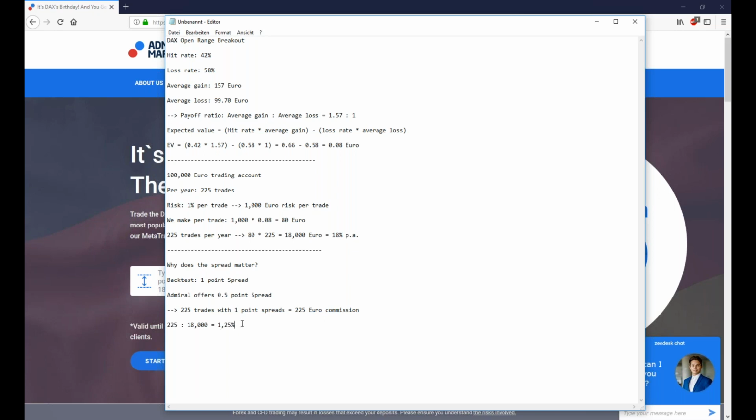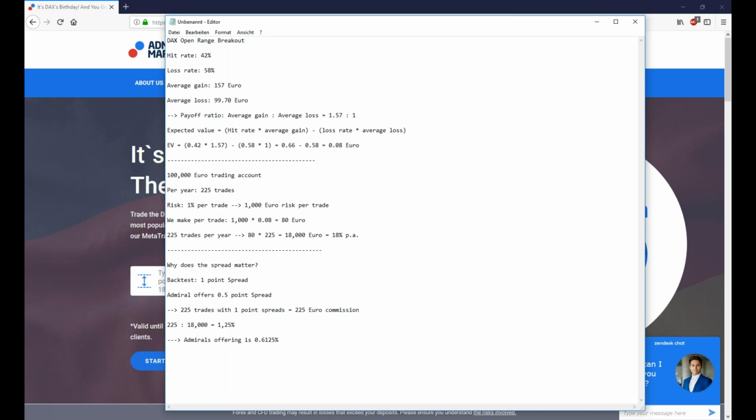So you can say that Admiral's offering is, based on your yearly performance, 0.6, so slightly above. This is what you make more at the end of the year.